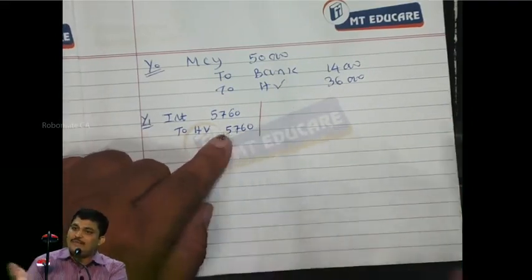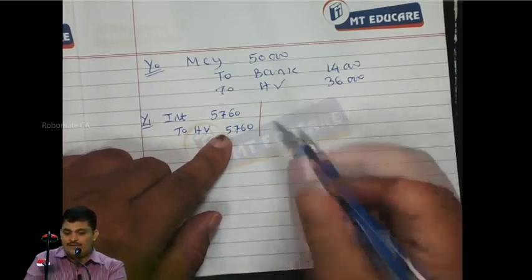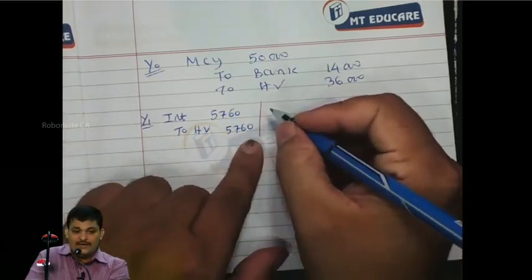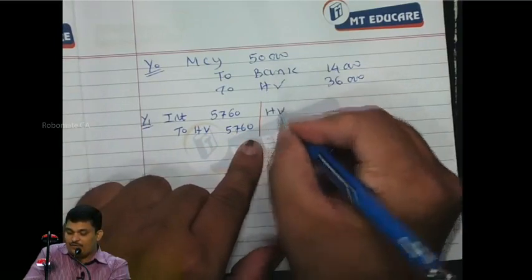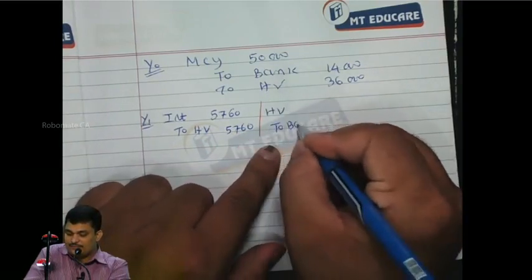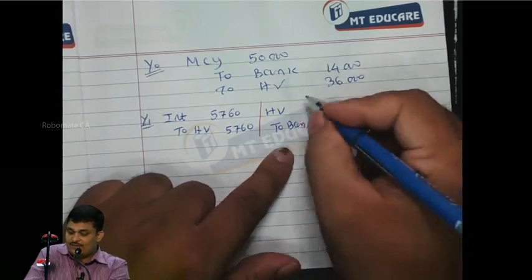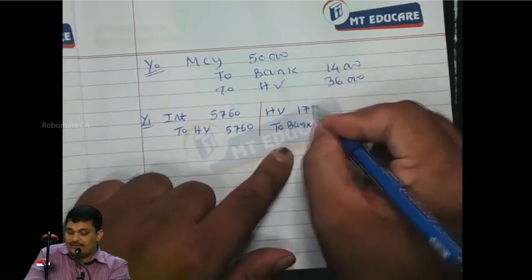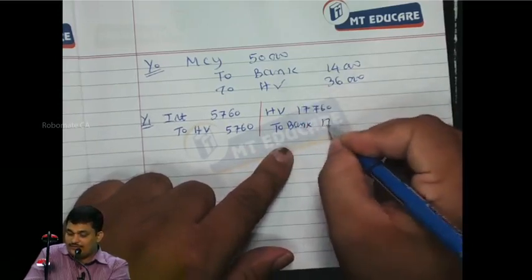After charging interest, liability increases. Now you repay the installment, hire vendor to bank, 12,000 plus interest, 17,760. This is what you pay.